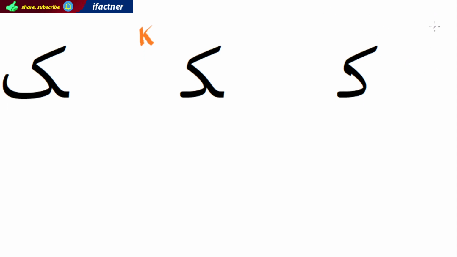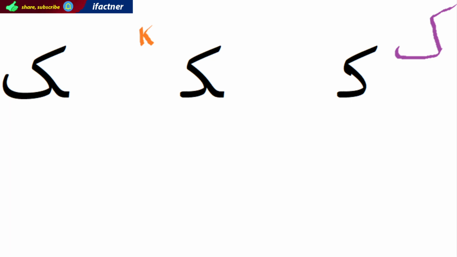So how do we write kaf? We make this slanting line, vertical line, curve a little, and make a boat-like structure. And then we make a horizontal slanting line on top of the vertical slanting line, and we get ourselves kaf.